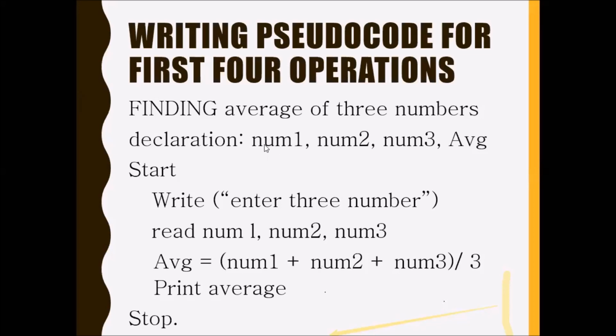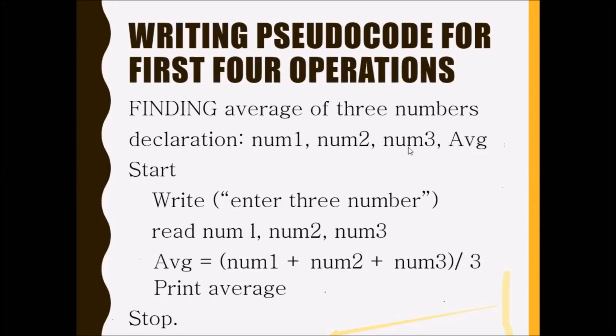In the same way, your variable name cannot have a space. If you have num space 1, when you transition into program implementation, it will give you problems. So we don't have spaces in our variable names, and we don't start them with a number. There are other rules, but they will come into play as we go along.